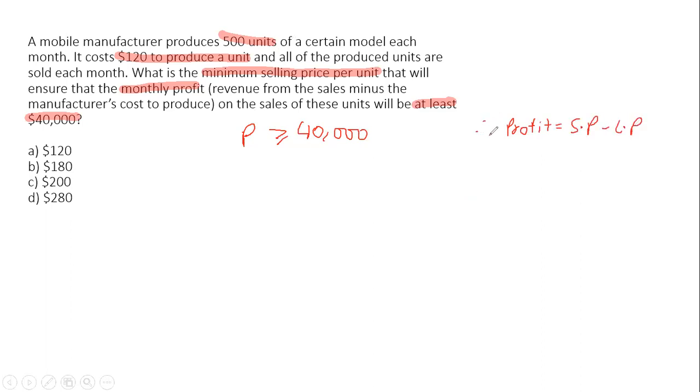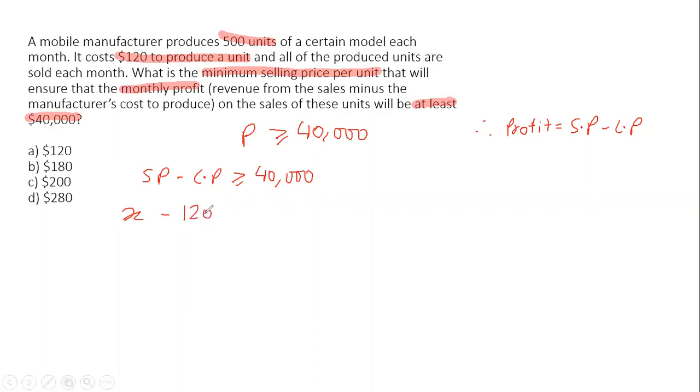So selling price minus the cost price has to be greater than or equal to 40,000. Now they are asking what's the minimum selling price per unit. So let me say the selling price of one unit is x.